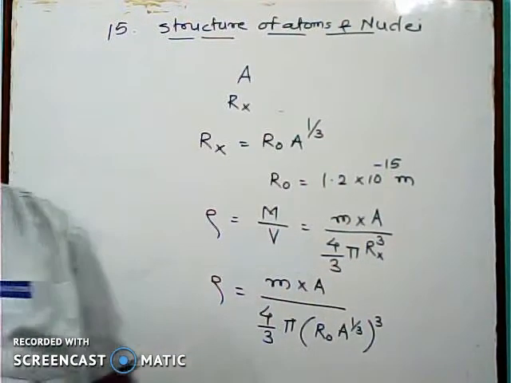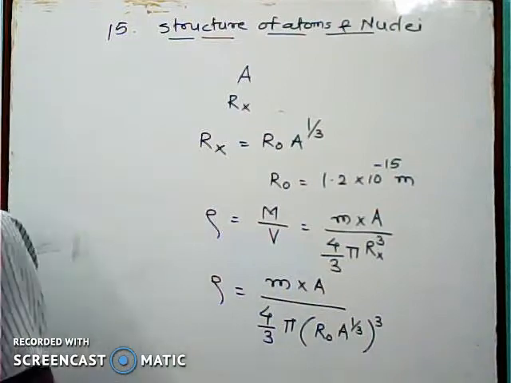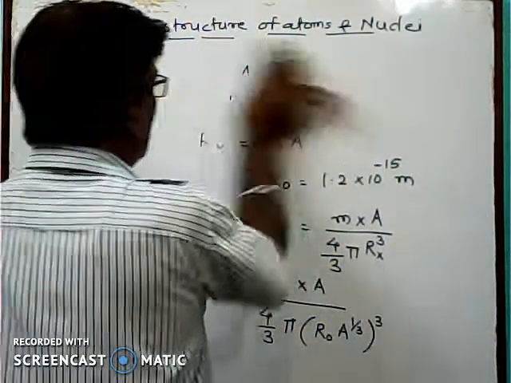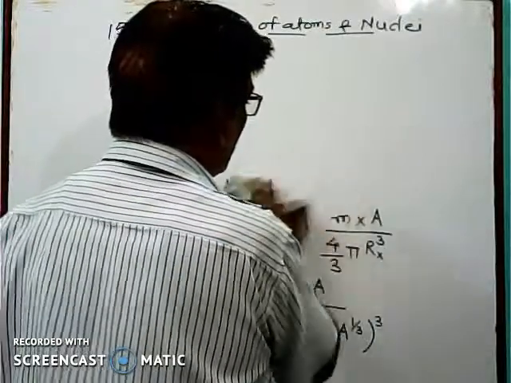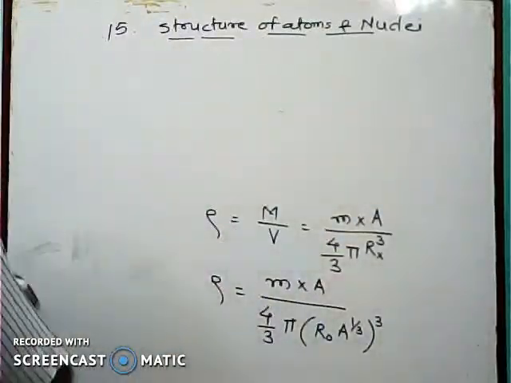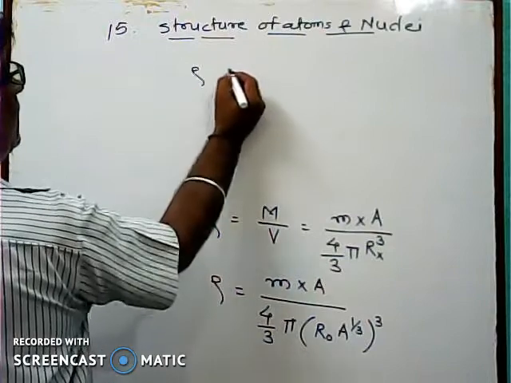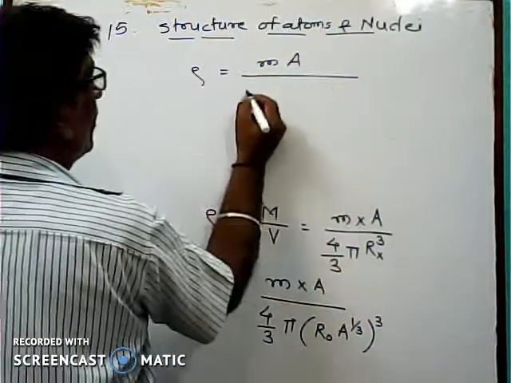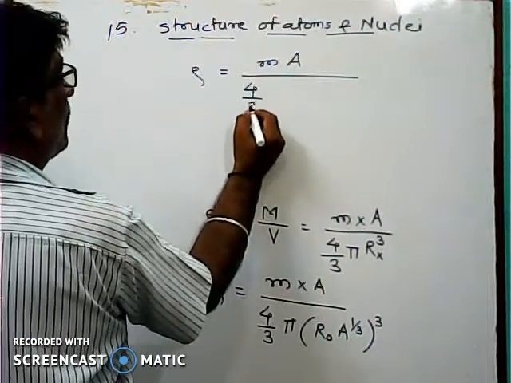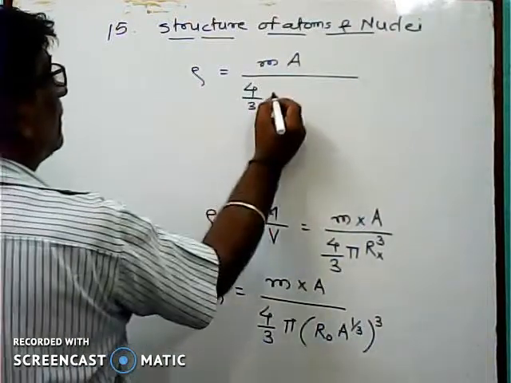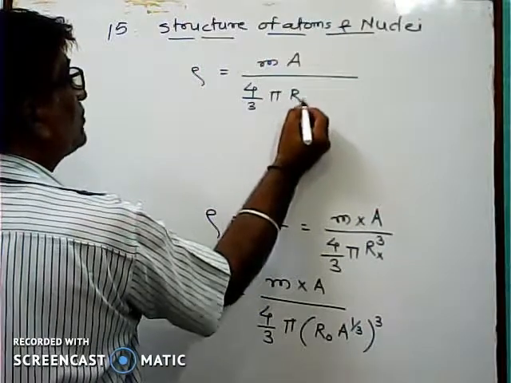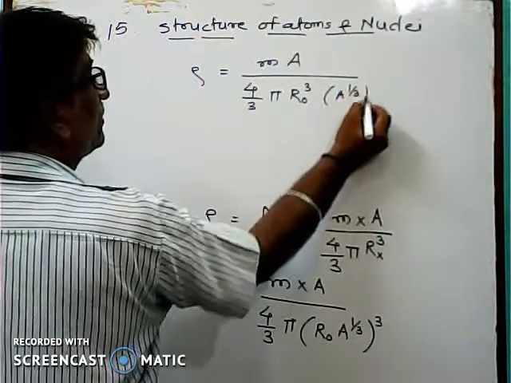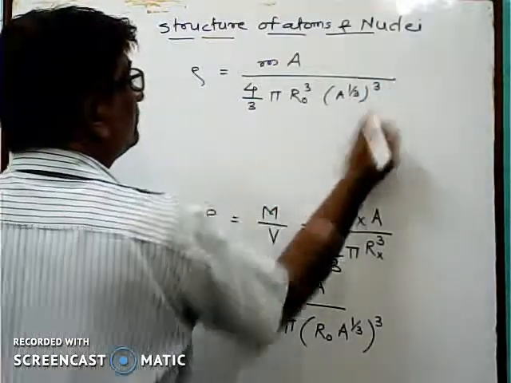If we solve this equation, the density will be rho equal to m A upon 4 upon 3 pi R0 cube in bracket A raised to 1 upon 3 cube.